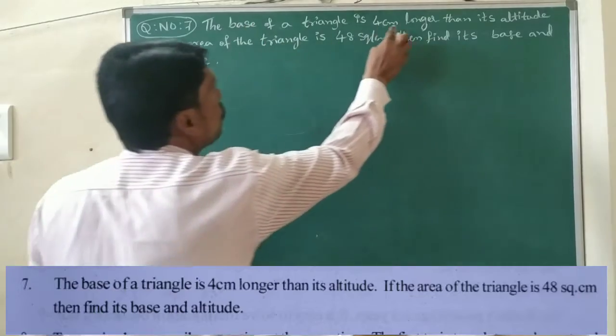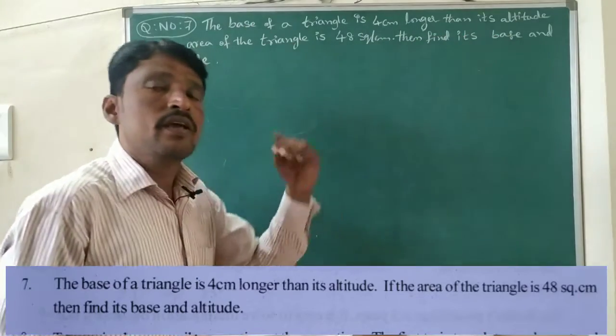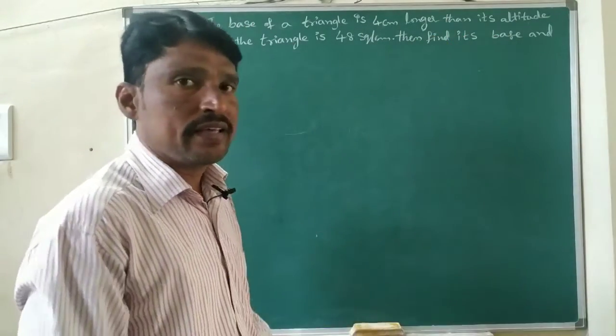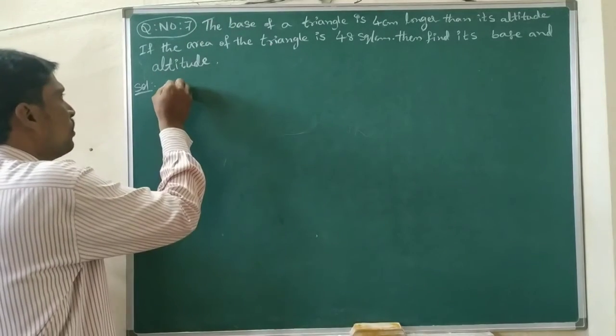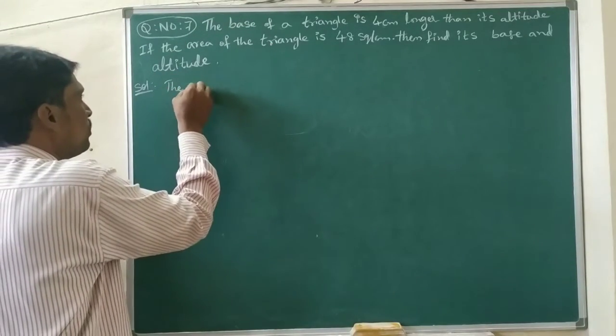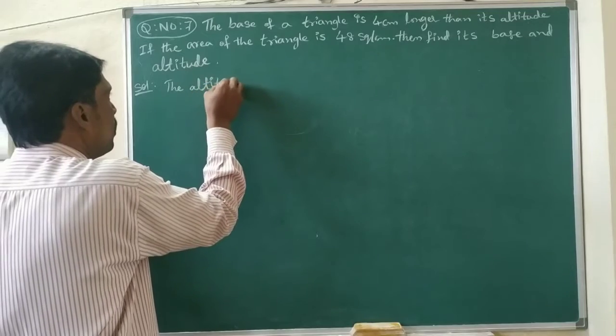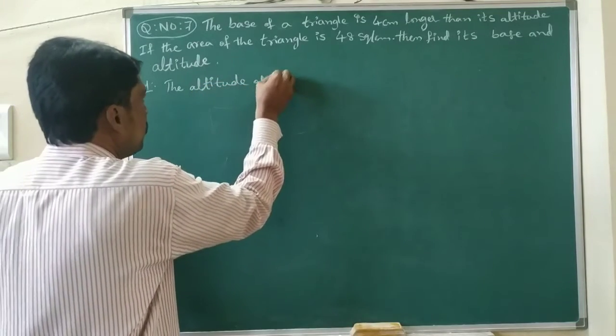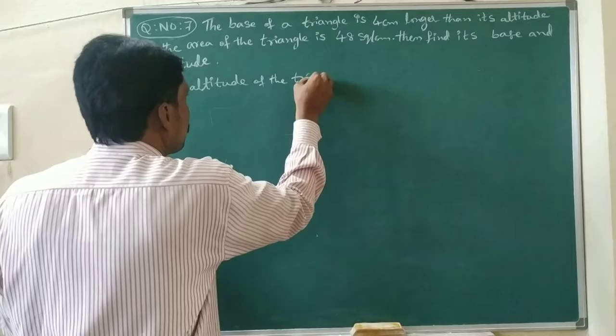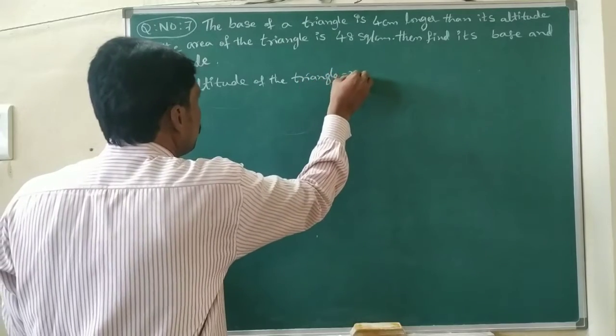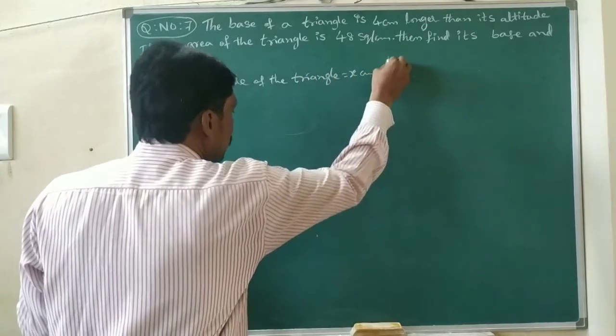Base is 4 centimeters longer than altitude, which means we need to take the altitude as a variable. The altitude of the triangle equals x centimeters.